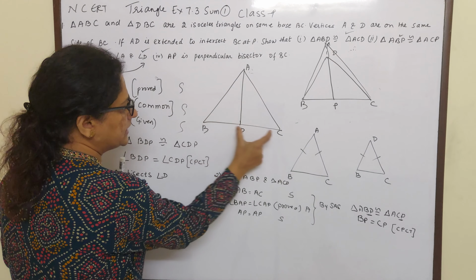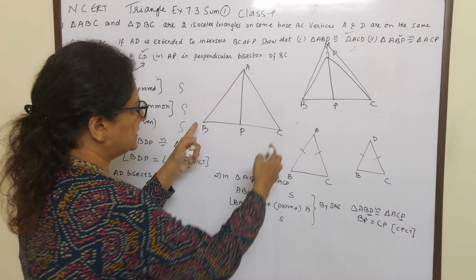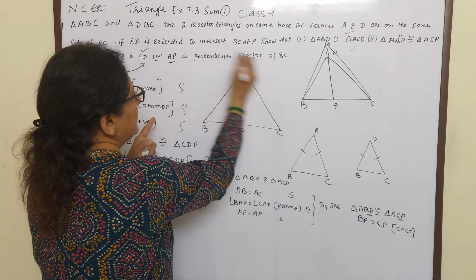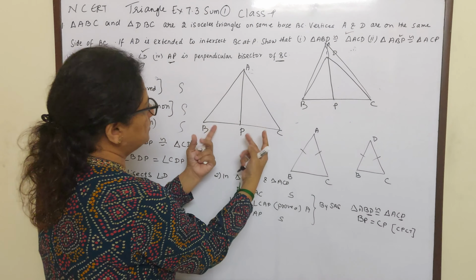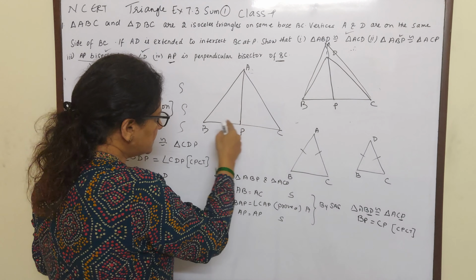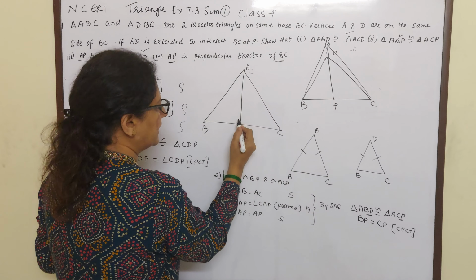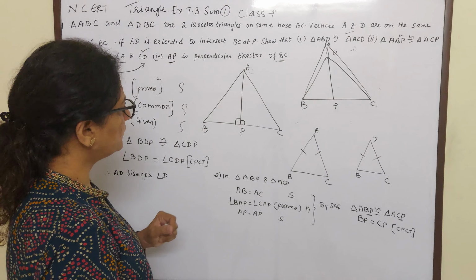That means this should be equal to this. That is the meaning of bisector. Perpendicular means this is equal to 90 degrees, either this side or this side. Both should be 90. So for that what we will do?